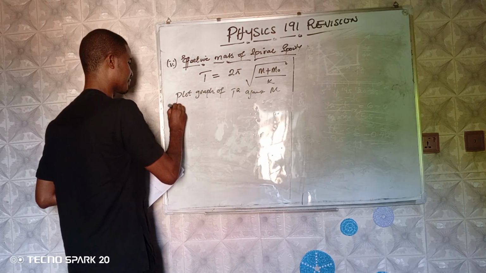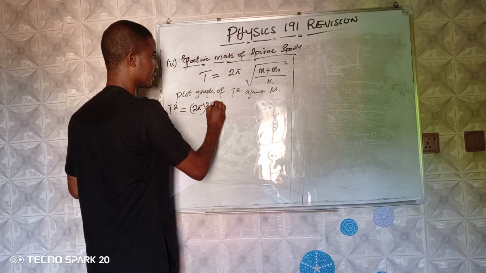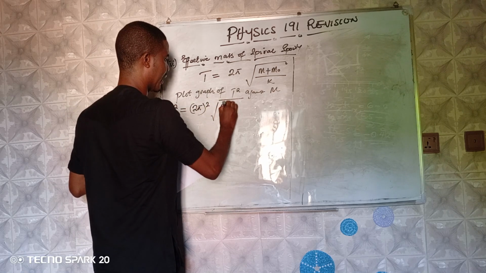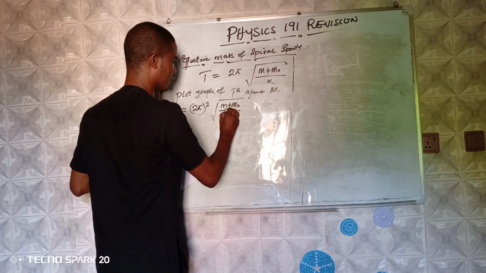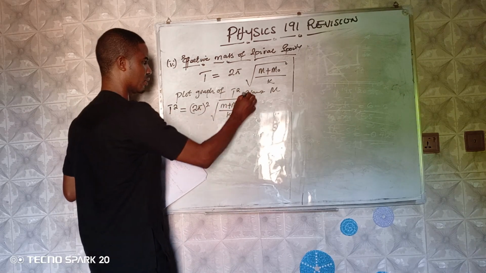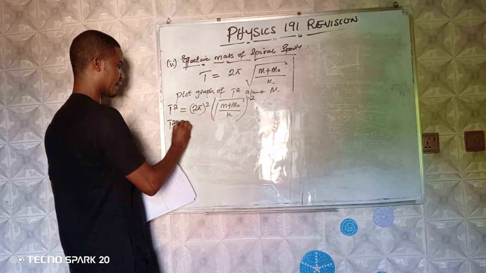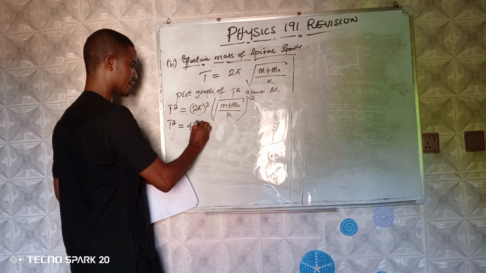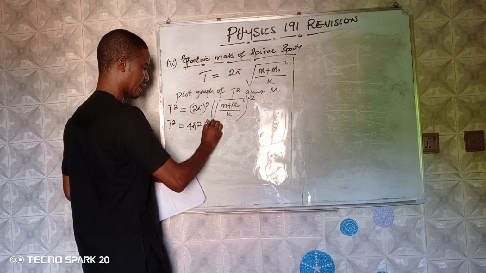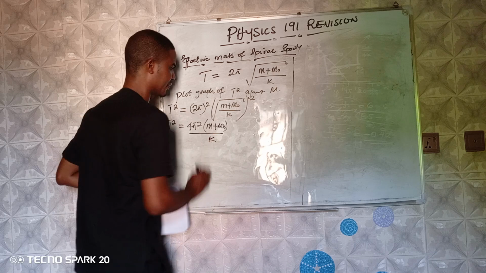So I have t squared is equal to 2 pi squared root of m plus mo over k, where k is the spring constant, all squared. So we have t squared equals 4 pi squared times m plus mo over k.